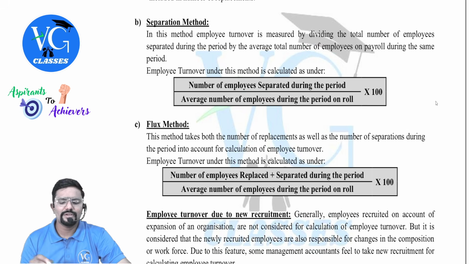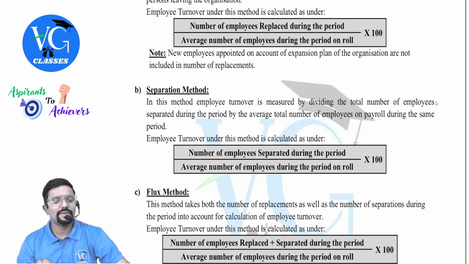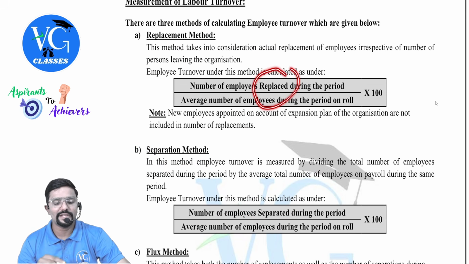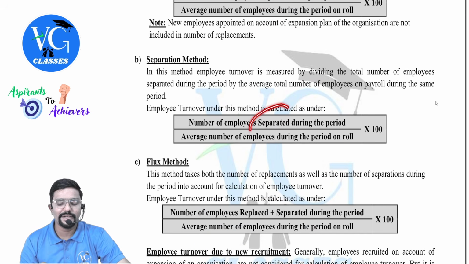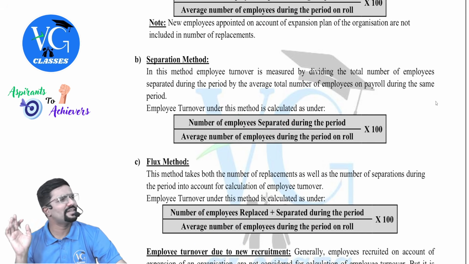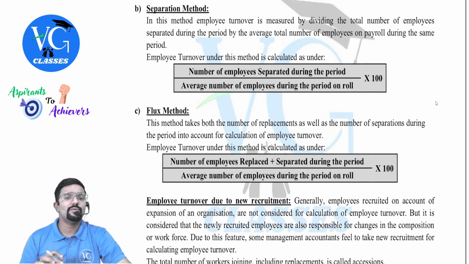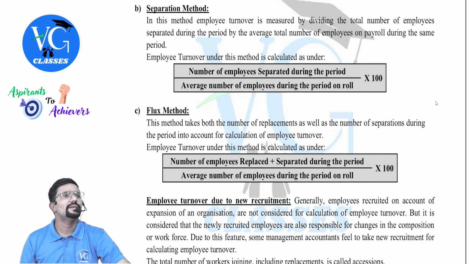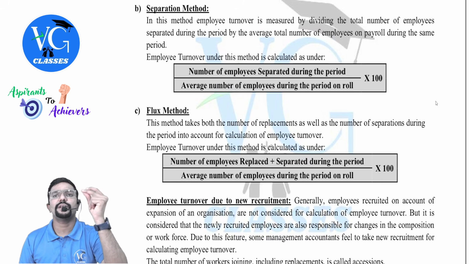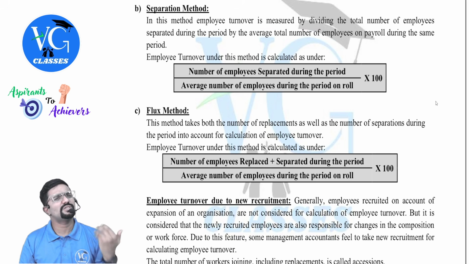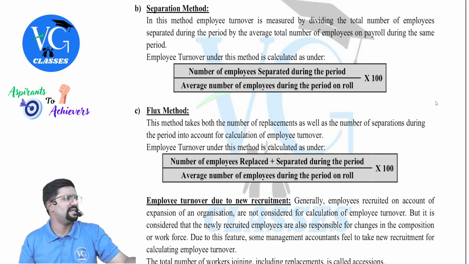Under the previous method the numerator was replacement; under this method it is separation. The denominator is common. Number of employees separated means left plus discharged: the total number of employees who exited.